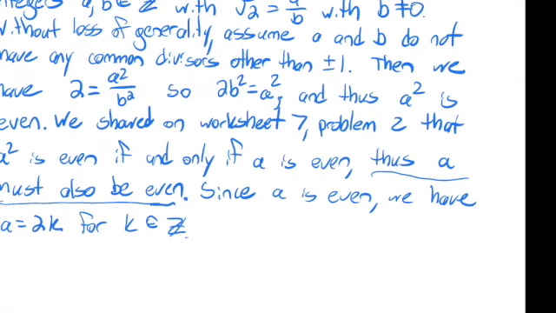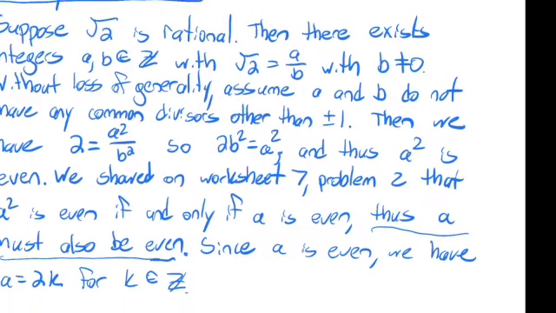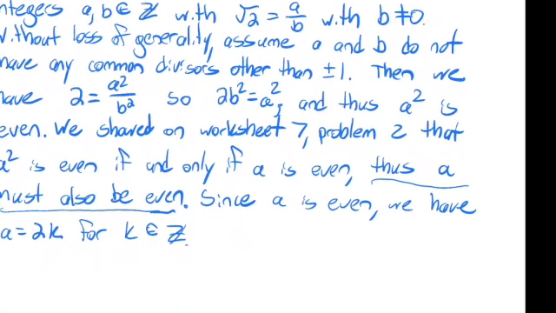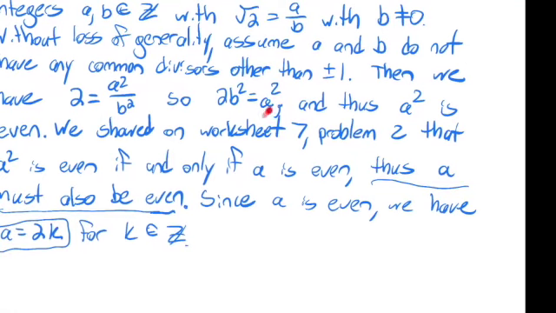I want to get to a contradiction, not any specific contradiction; any contradiction will do. I haven't gotten there yet. There's nothing that I've said so far that contradicts anything about the square root of 2 being rational. But let's use this back over here. Let's plug it into this identity that we had over here.